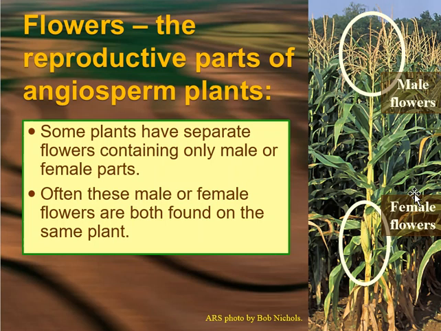I want you to think of a corn stalk, okay? Up here, the male flower, the pollen, is up top, and then it falls down to fertilize the female flower down on the ear of corn. When corn grows, it starts off the ear and it just has a bunch of silk.